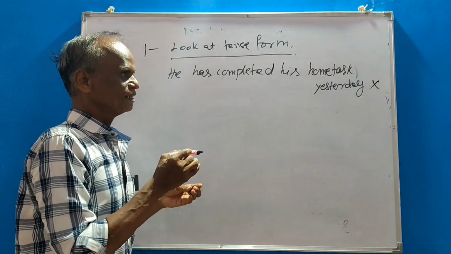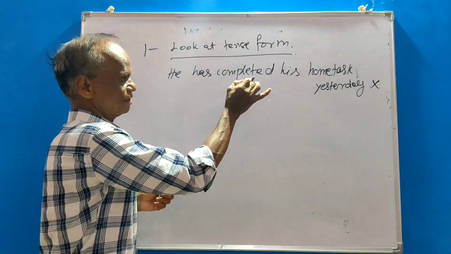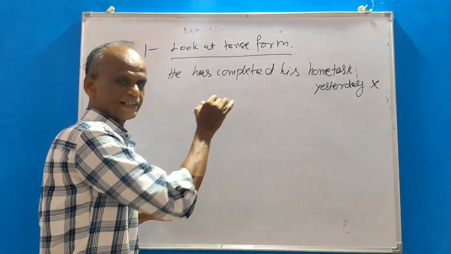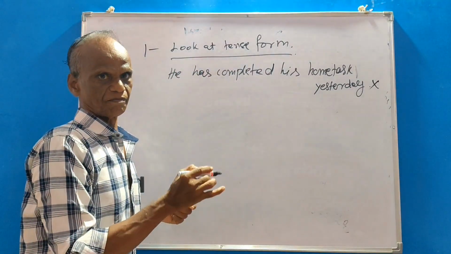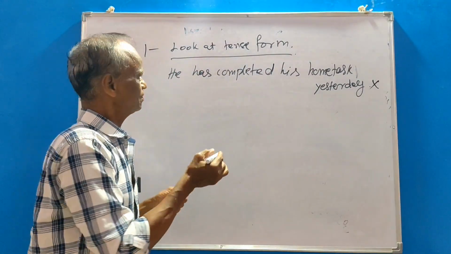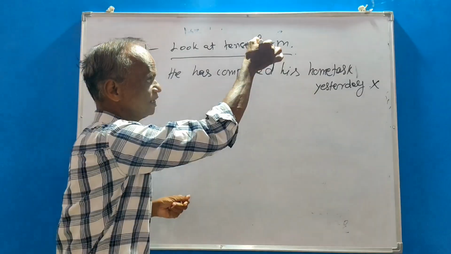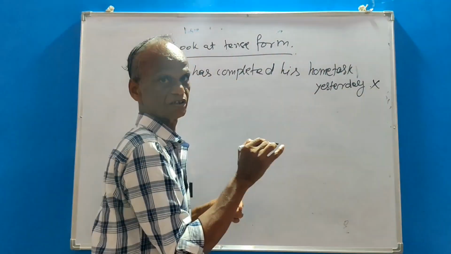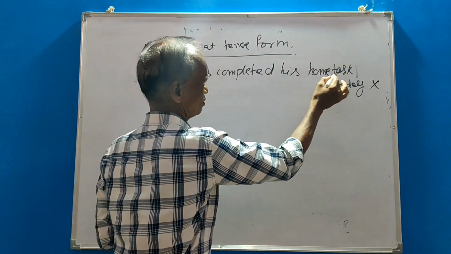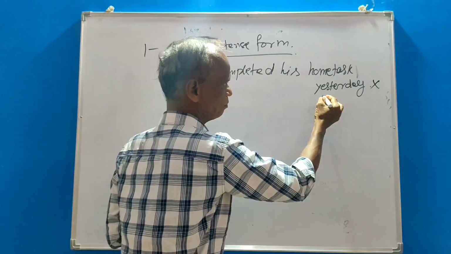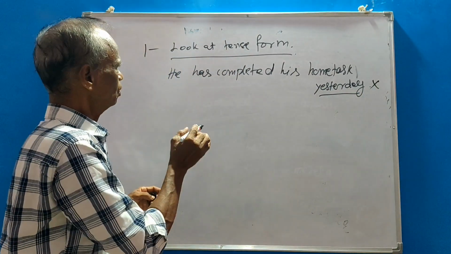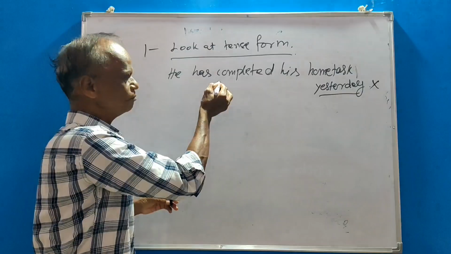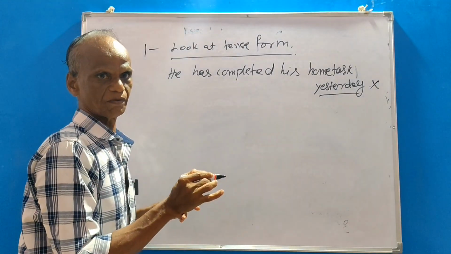So firstly, you read the sentence or question with this pattern: he has completed his homework. This is correct. Okay. The problem is here. That is the mistake. So, which tense form? Present perfect form.